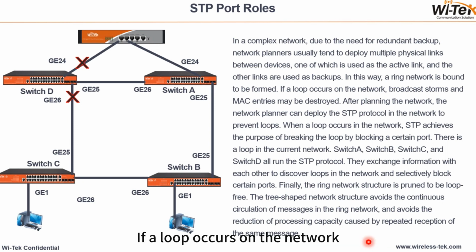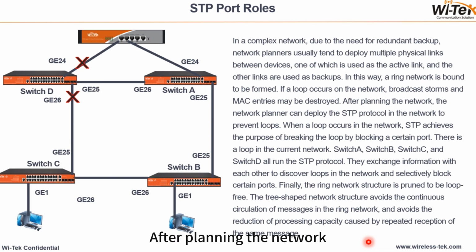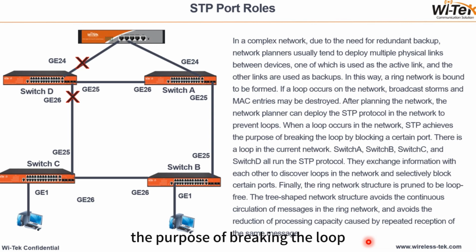If a loop occurs on the network, broadcast storms and MAC entries may be corrupted. After planning, the network planner can deploy the STP protocol in the network to prevent loops. When a loop occurs in the network, STP achieves the purpose of breaking the loop by blocking a certain port.